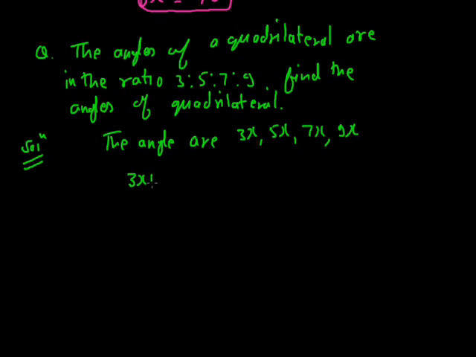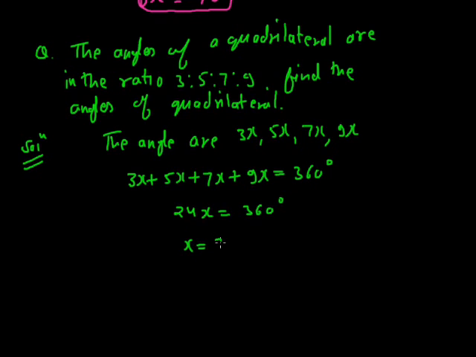So 3x plus 5x plus 7x plus 9x should be equal to 360 degrees. So 3x plus 5x is 8x, 8x plus 7x is 15x, 15x plus 9x is 24x. So 24x is equal to 360 degrees.